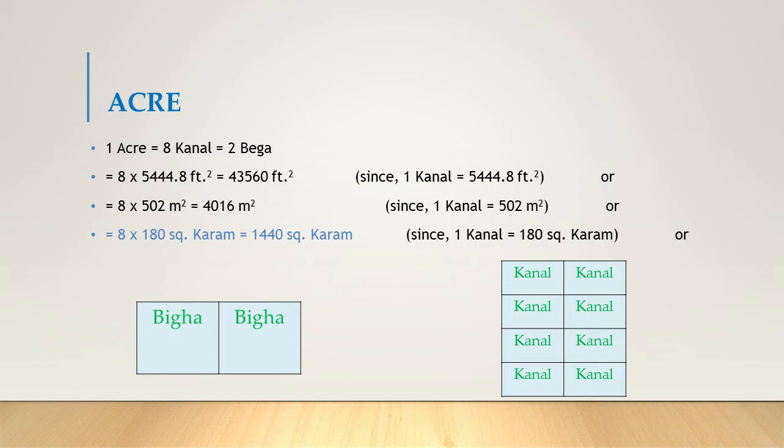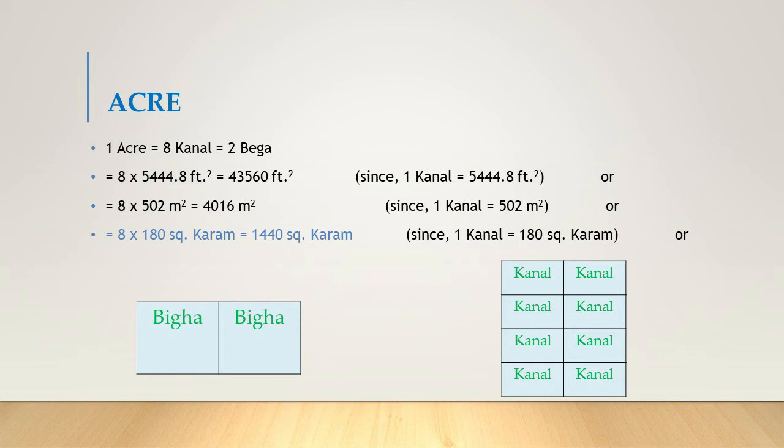Next unit we have acre. This is most widely used in the rural backgrounds, in the villages and in land measuring units. It is a bigger unit. 1 acre is equal to 8 canals or 2 bighas. Then we have given you the calculations of acre in feet.